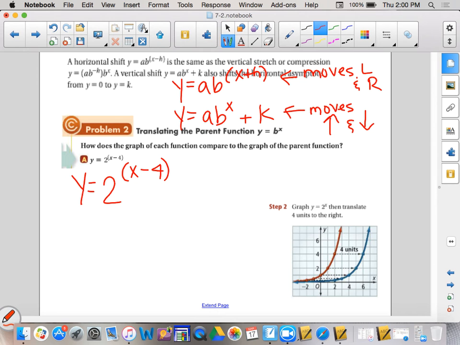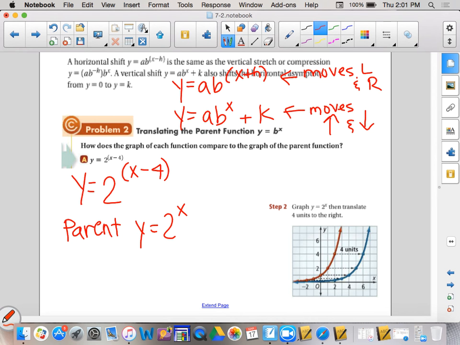So they want to know how the graph of each function compares to the graph of the parent function. My problem reads y equals 2 raised to the x minus 4. What if I wanted to pull the parent function out of that? What would it be? 2 to the x. So my parent function is y equals 2 raised to the x.